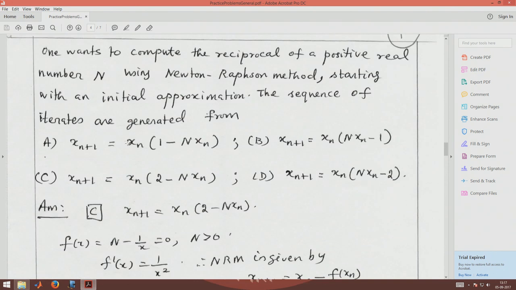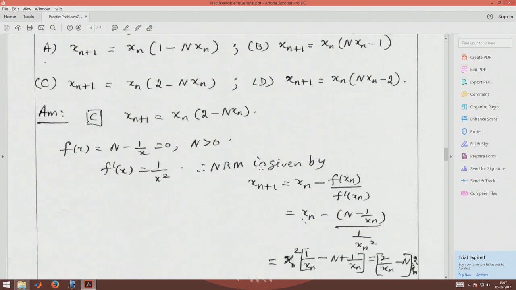Similarly, I have another example where we say that we want to compute the reciprocal of a positive real number n using Newton-Raphson method, starting with an initial approximation. So, the sequence of iterates are generated from which one of these? So, we are asked to do it by the Newton-Raphson method. You want to get the reciprocal of a number.